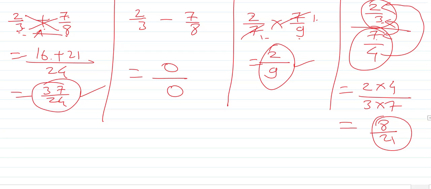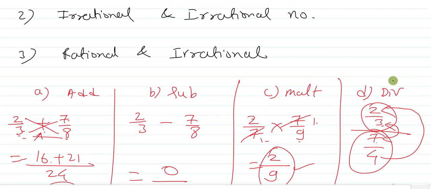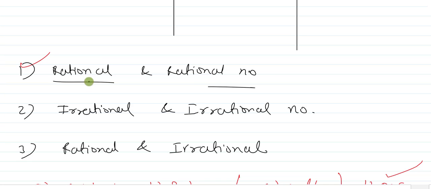It is also a rational number. So in only one sentence we can say, if we add, subtract, multiply or divide two rational numbers, the answer will be a rational number. Just memorize and remember this.